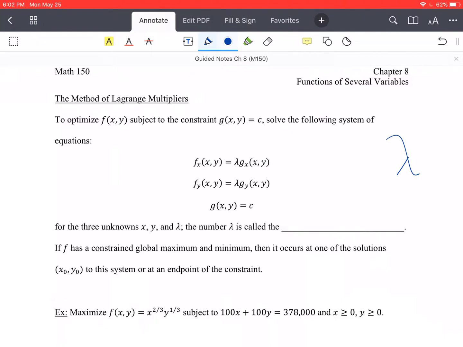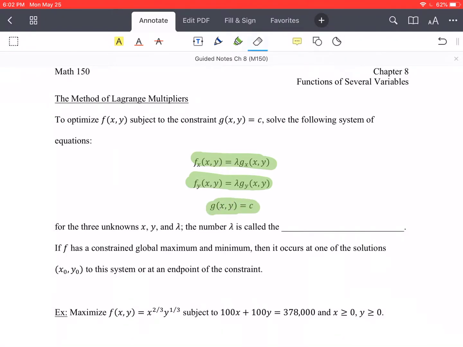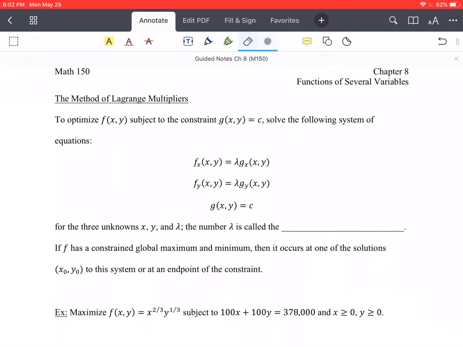It's just a constant. I should say it is a variable, but we're treating it like a number in this context. So we have f_x equals lambda times g_x, f_y equals lambda times g_y, and g of x,y equals c. So we have equations setting the partials with respect to x times lambda, and with respect to y times lambda, and this last one is the constraint, g of x,y equals c.